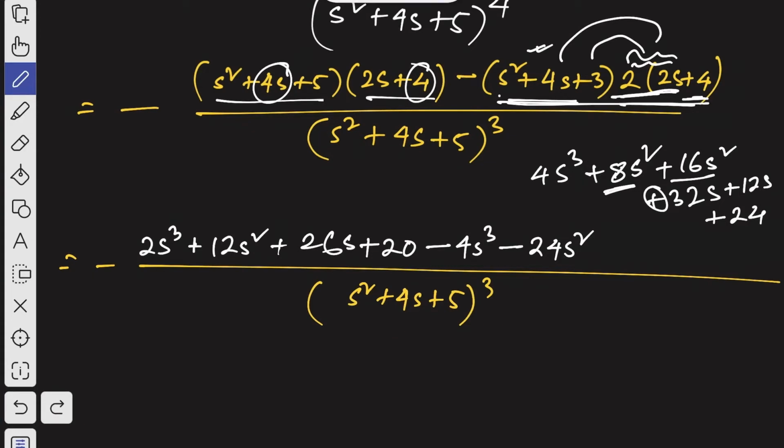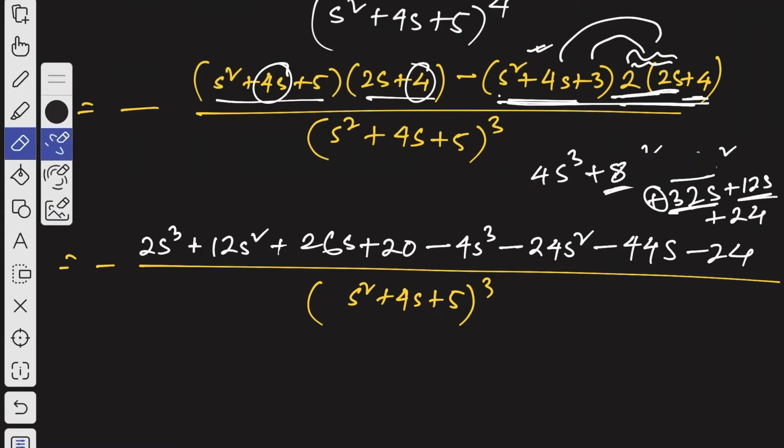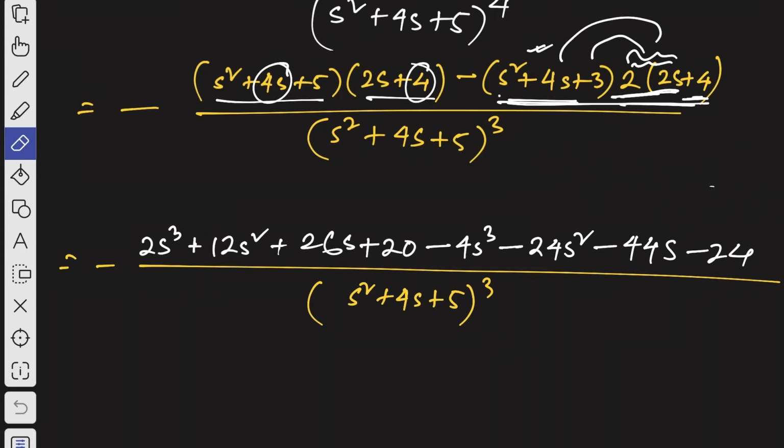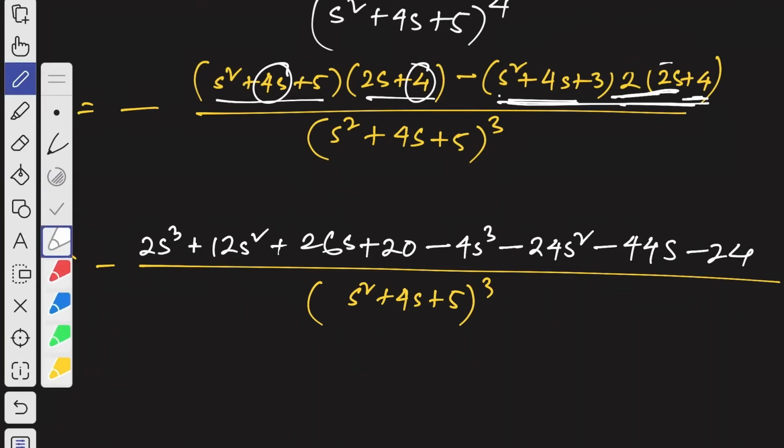Okay, so be careful with that. Then 32s and 12s, that's going to be 44s, minus 44s, then minus 24. That's what we will get. So hope you have got it. So now let me clean this part. Okay, now do addition, subtraction, whatever you can do here, then you will get the answer, right?